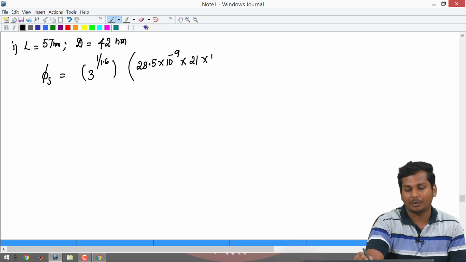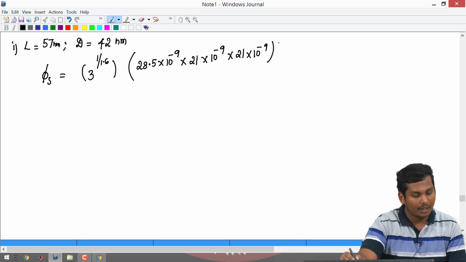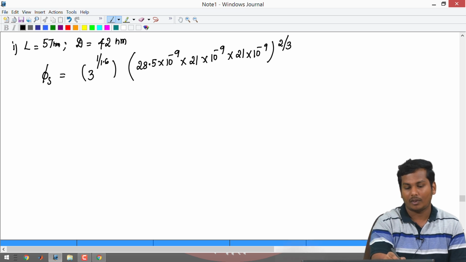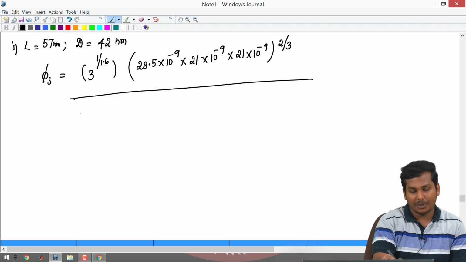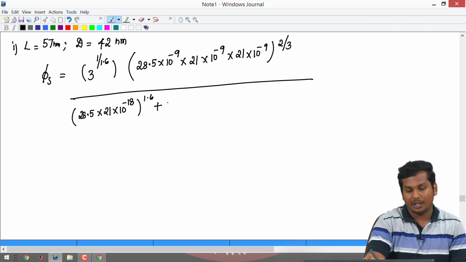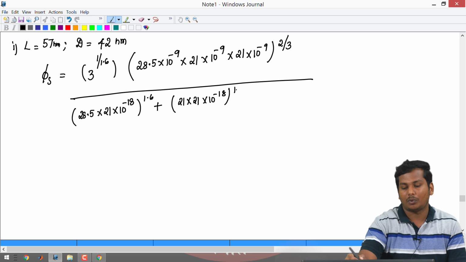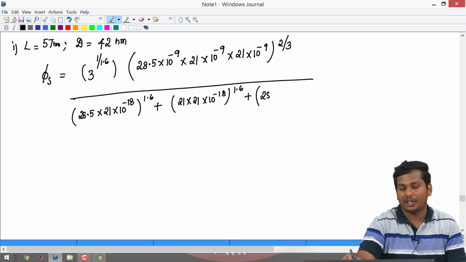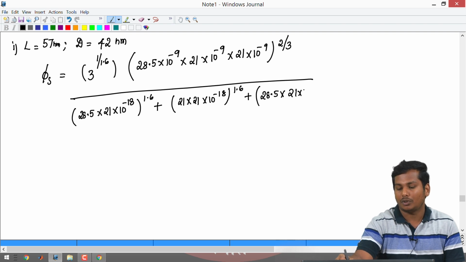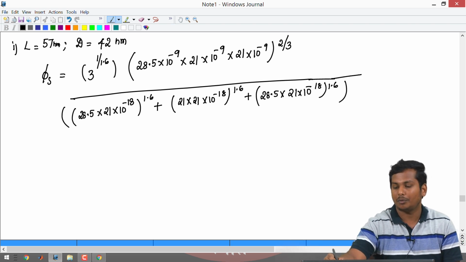So, 21 into 10 to the power of minus 9 into 21 into 10 to the power of minus 9, whole to the power of 2 by 3, divided by 28.5 into 21 into 10 to the power of minus 18 to the power of 1.6 plus 21 times 10 to the power of minus 18, whole to the power of 1.6 plus 28.5 times 21 times 10 to the power of minus 18, whole to the power of 1.6, and whole to the power of 1 by 1.6.